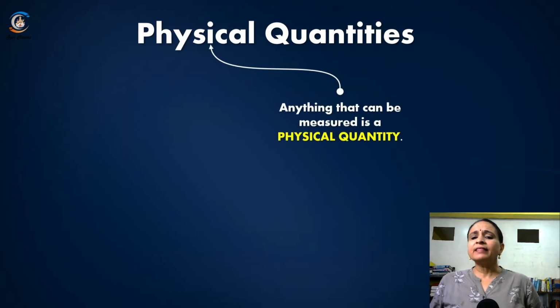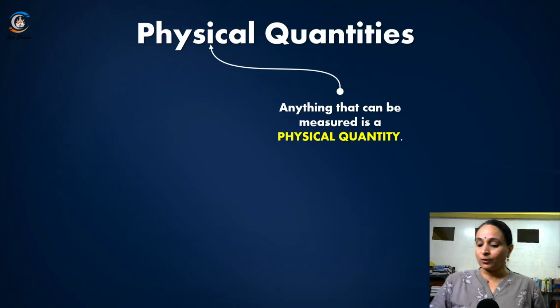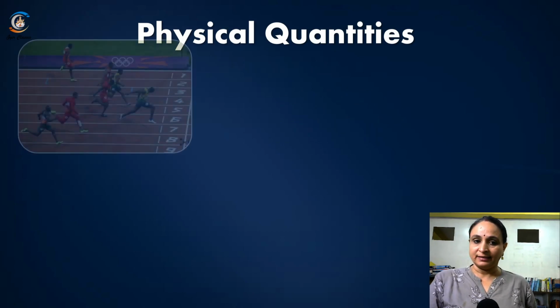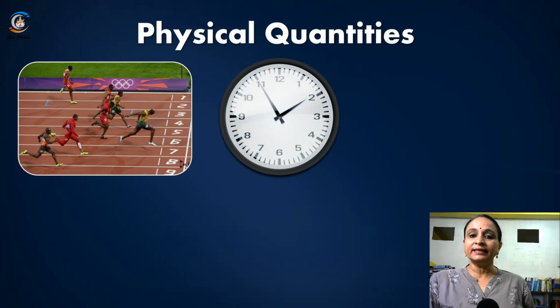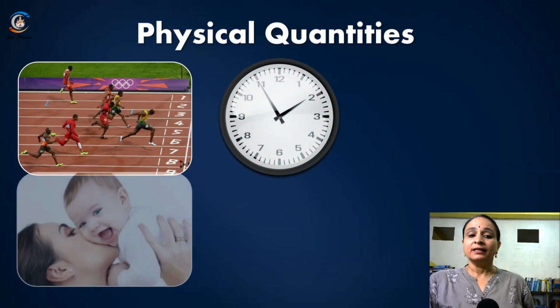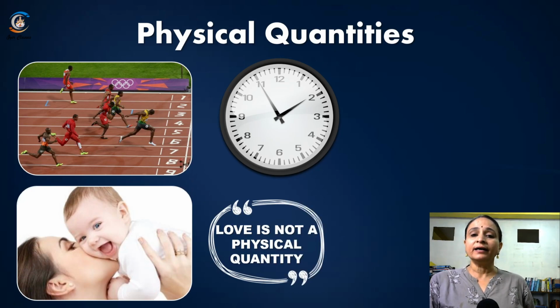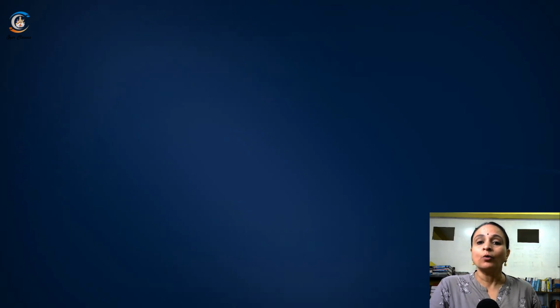Anything that can be measured is called a physical quantity. For example, distance is a physical quantity. Time is a physical quantity. Then you have love, care. These are not physical quantities because they cannot be measured. So anything which can be measured is called a physical quantity.